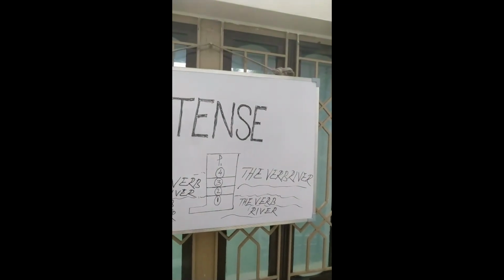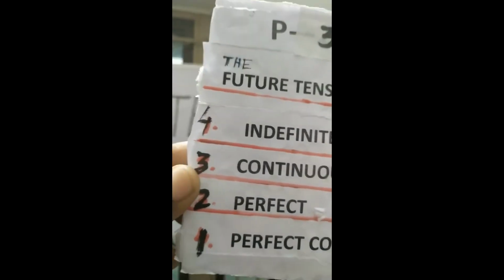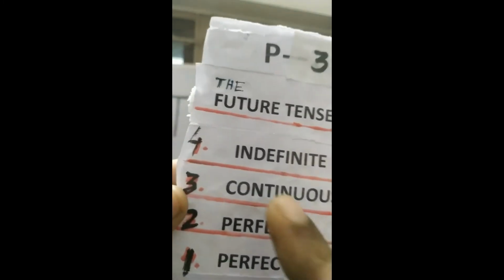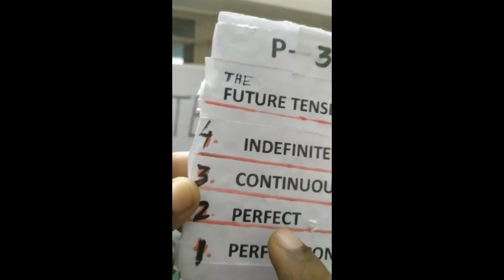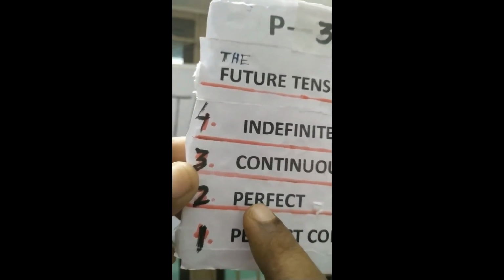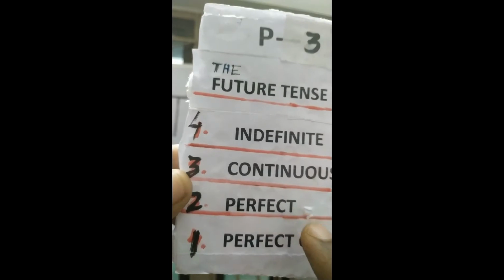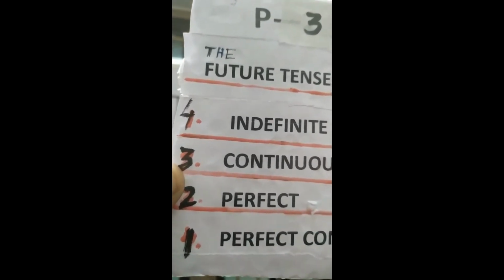Now I want to show you the last pillar. The name of the last pillar is the future tense pillar. See, and it has also 4 parts. The first part is the indefinite part, the second part is the continuous part, the third part is the perfect part, the fourth part is the perfect continuous.